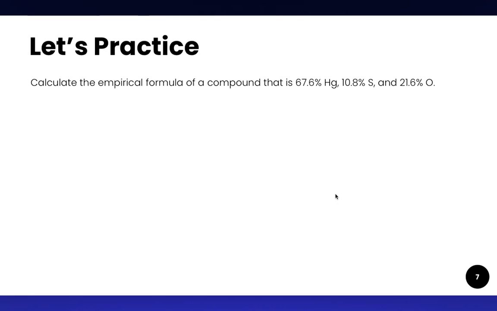Okay, calculate the empirical formula of a compound that is 67.6% mercury, 10.8% sulfur, and 21.6% oxygen.